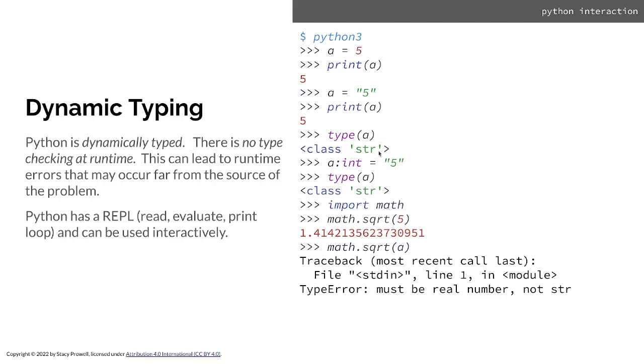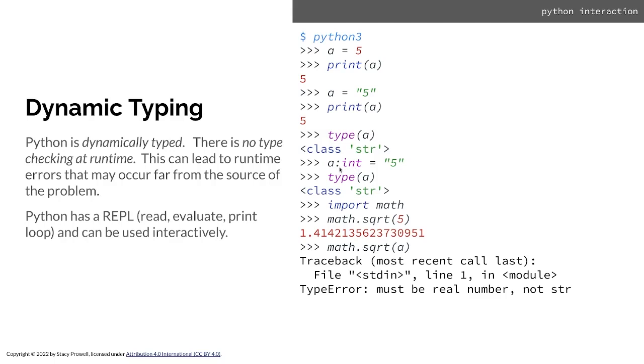Alright, I can also do some static typing. So here I say A should be of type int, and then I assign it a string. And you might think any reasonable programming language will know that an integer is not a string, and it will complain. Python doesn't. The type that you have here, the :int, that's a type hint.